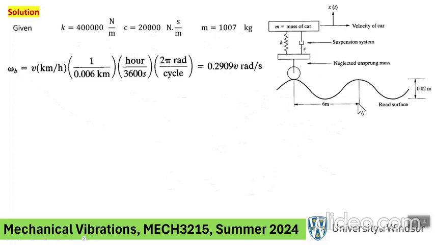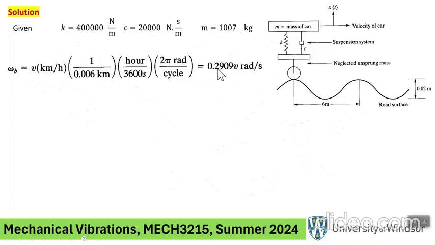You multiply it by 2 pi and you get radians per second. That is done in this line here, except that units have to be corrected. V over 6, we have to do it in kilometers, because if V is given in kilometers I'm going to turn everything into kilometers. We convert hours into seconds, and then multiply by 2 pi to get radians per second.